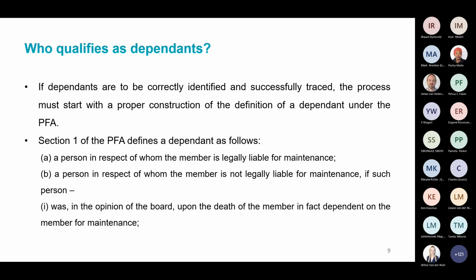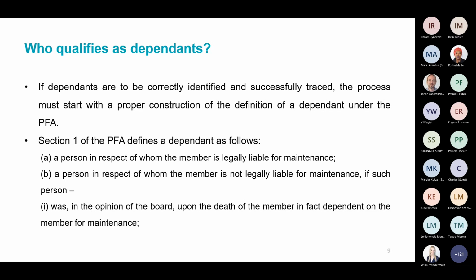Who qualifies as dependents? As I said, this is such a critical question in the context of Section 37C. So if dependents are to be correctly identified and successfully traced, the process must start with a proper construction of the definition of a dependent under the Pension Funds Act. Now, Section 1 of the Pension Funds Act defines a dependent as follows.